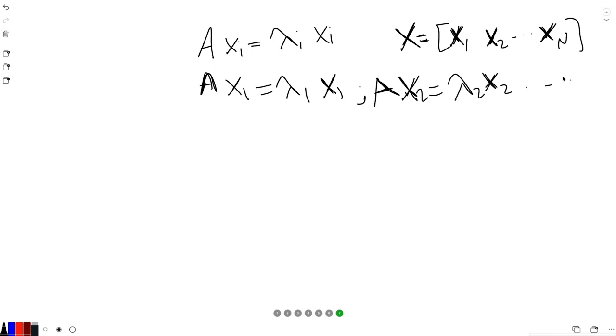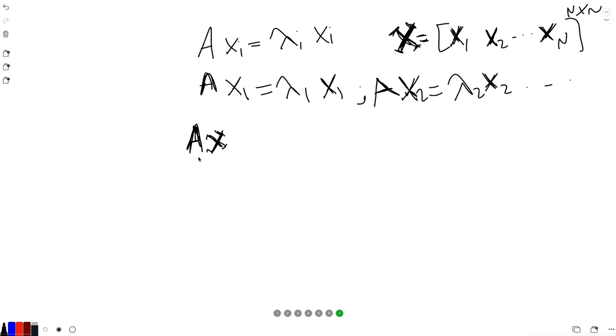Now what we can do here is this. This X capital is a matrix that contains all eigenvectors together, and of course it is an n by n matrix. If we multiply it by A, we have A times X capital.